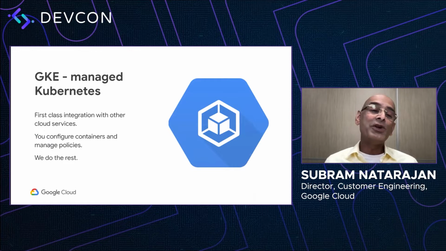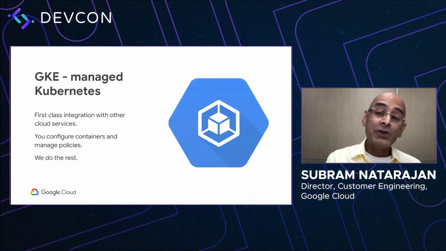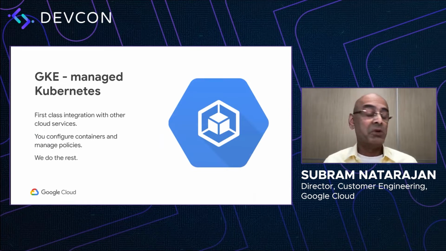Now, when you talk about Google Kubernetes Engine, you get the best-in-class container management as a service. This allows you to integrate with other Google Cloud services, BigQuery, for example, or Spanner, to name a few. But it does not stop only with that.